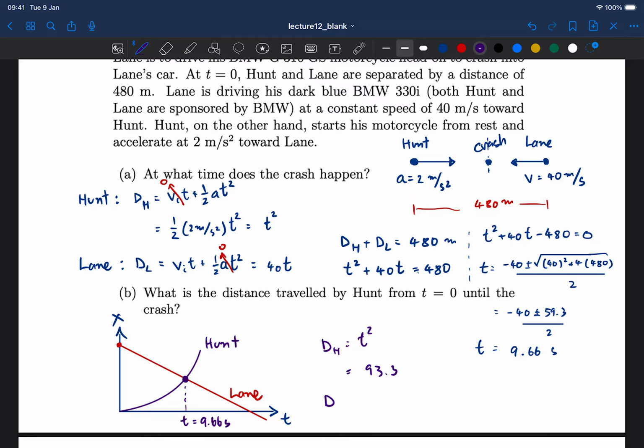Now, just for the sake of checking, let's calculate the distance for Lane, which is 40 times t. So it's 40 times 9.66, which is 386.4. And if you add the two together, you get about 480. So our calculation is probably correct.